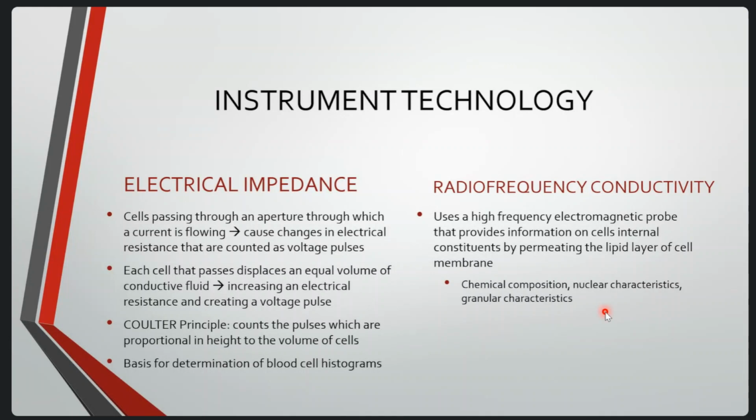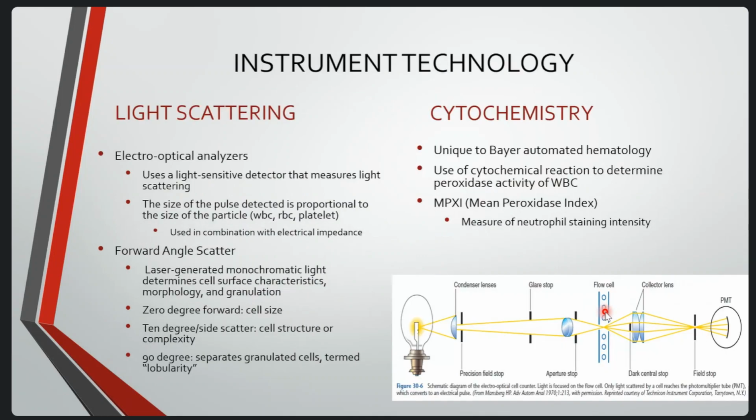Another one is the radio frequency conductivity. For this one, they use a high frequency electromagnetic probe, and it provides information on the cells' internal constituents by permeating the lipid layer of the cell membrane. So it can give us the chemical composition, the nuclear characteristics, and the granular characteristics of our cells. Another one is the light scattering.